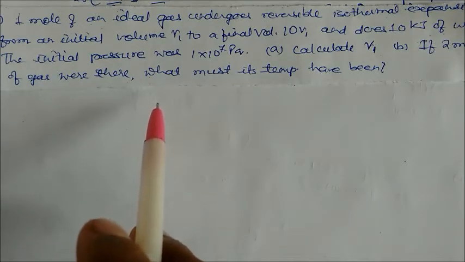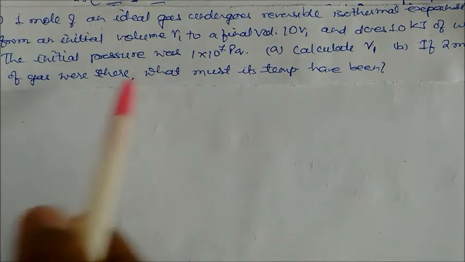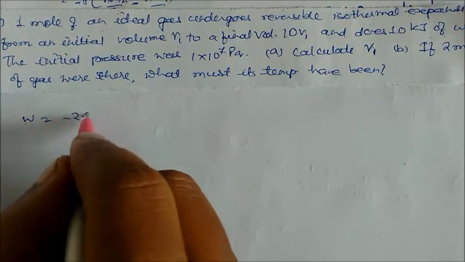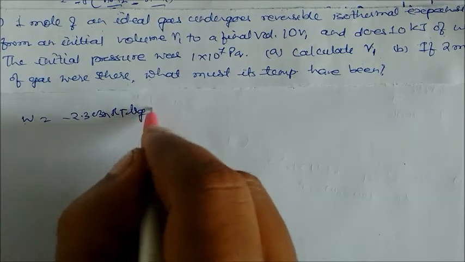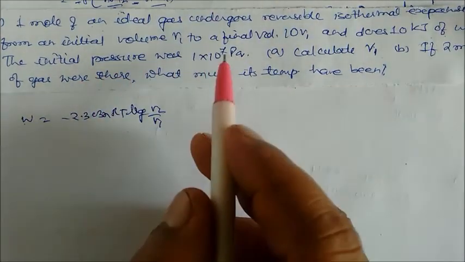To find V1, work done is given. If you use the equation work done equals minus 2.303 nRT log of V2 by V1, we cannot find it, because V2 is given in terms of V1, that is 10 V1.